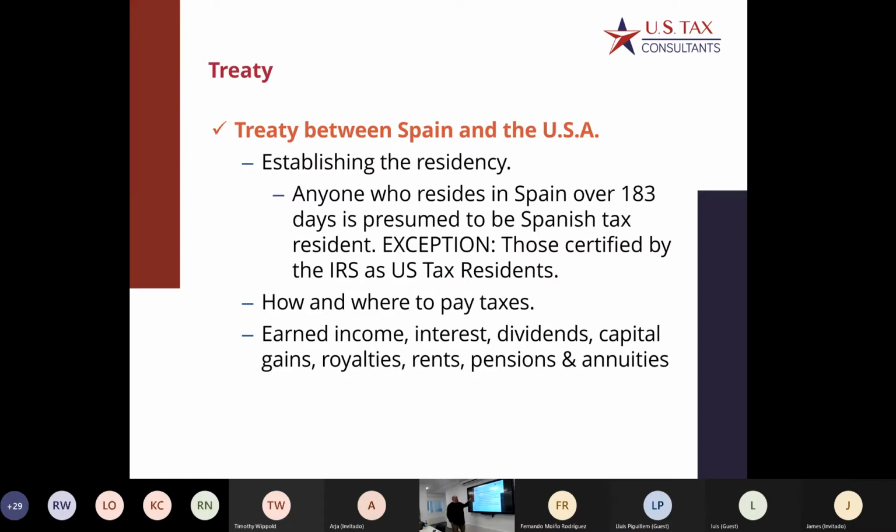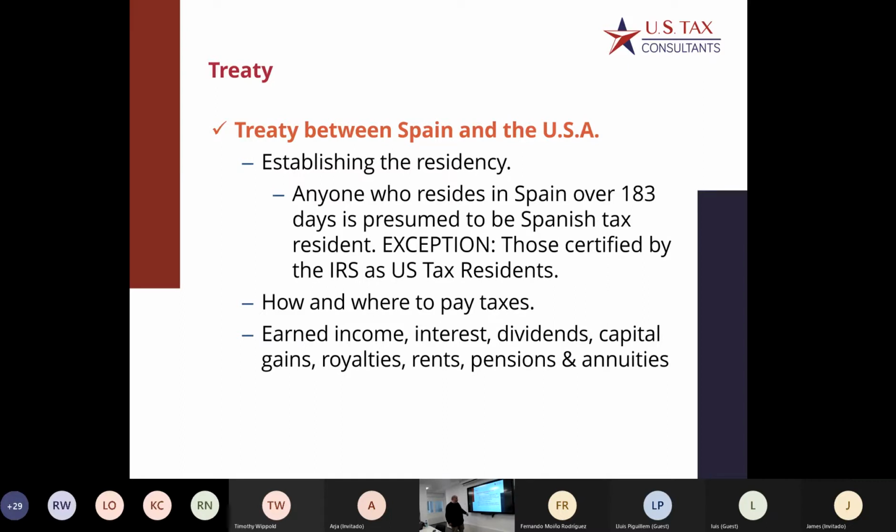But okay, something important on the residency that we have already talked about is establishing the residency, and it's the famous 183 days, unless you have a certificate from the U.S. administration, the IRS, which you apply for with an 8802 form, and then they send you the certificate that you are tax resident in the United States, and that might help you.